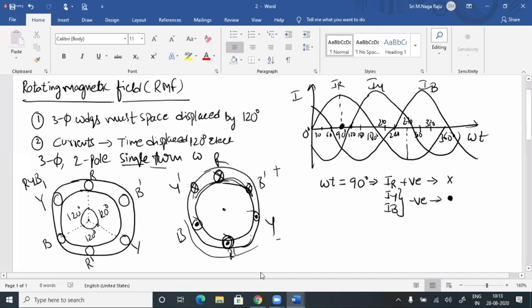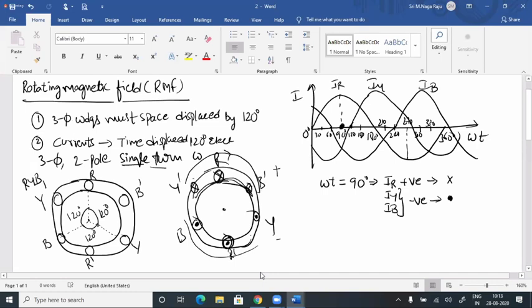For upper conductors, it shows clockwise direction. And for the lower, it shows anti-clockwise direction. Very good. So for upper conductors, the current direction is into the board or into the laptop. So your thumb must indicate towards the laptop. Then remaining four fingers will show in this direction. So this is the flux direction.